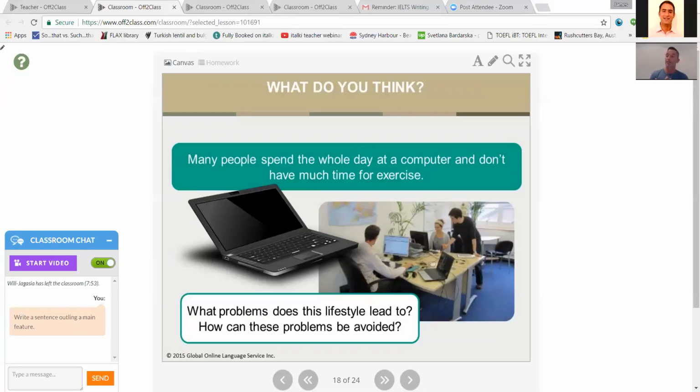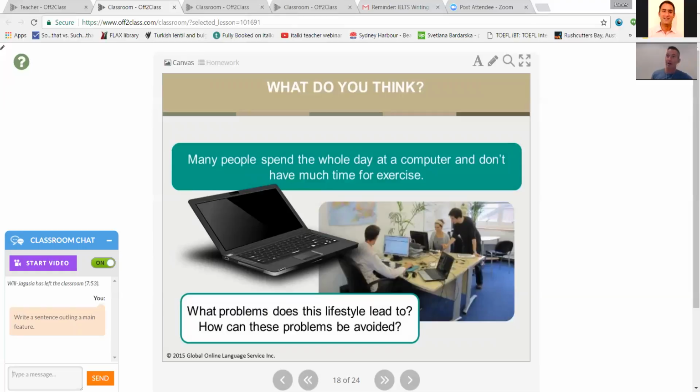Some of them you're going to find they're really going to struggle with, but you'll find the strengths and the weaknesses of the student, and that will help you to identify perhaps the areas that you need to really help them in expressing opinions. So here I've got a very generic question about spending the whole day at the computer.